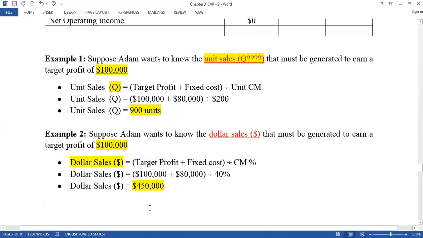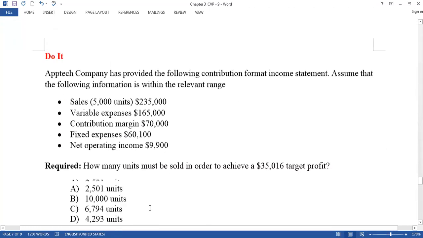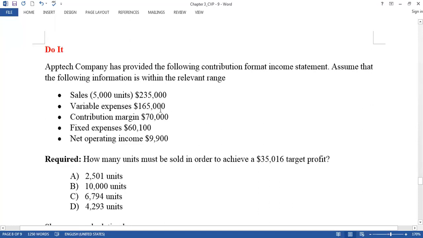Okay. Now you can solve this question. Again, this number may not be given, and as it is not given, you have to calculate CM unit, or you have to calculate CM ratio based on the question, or both.